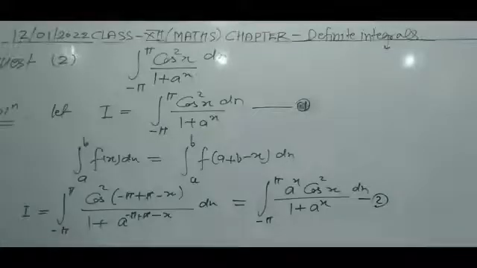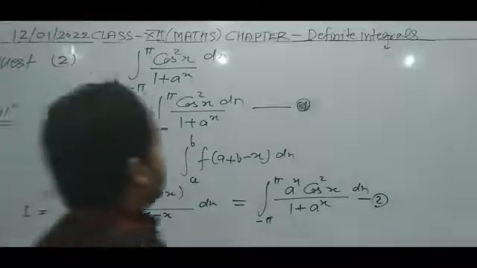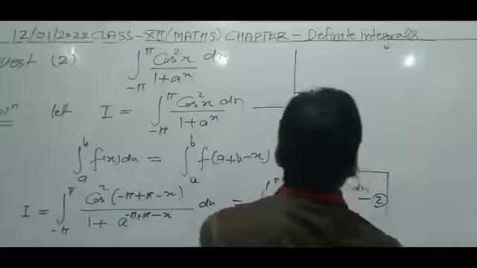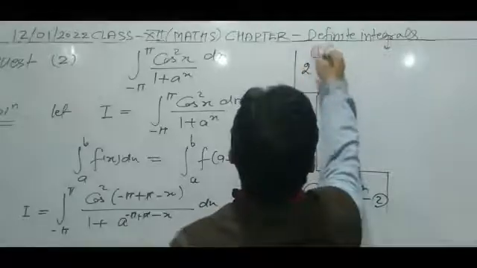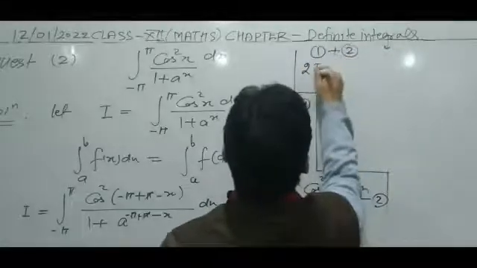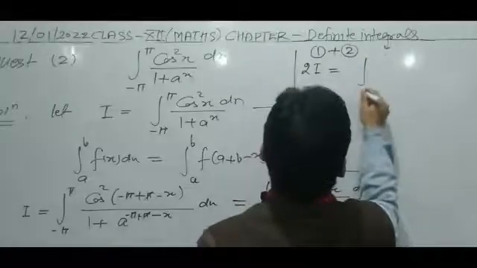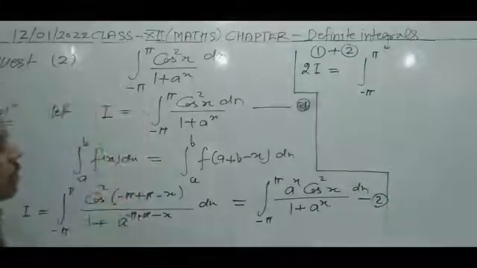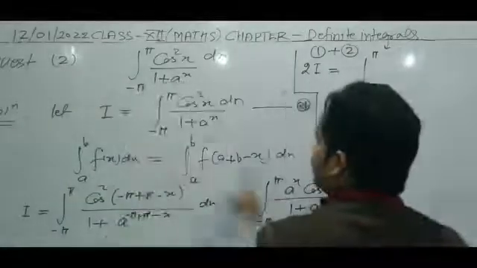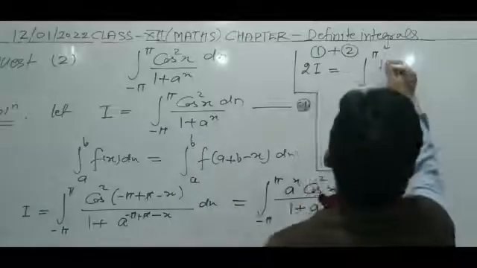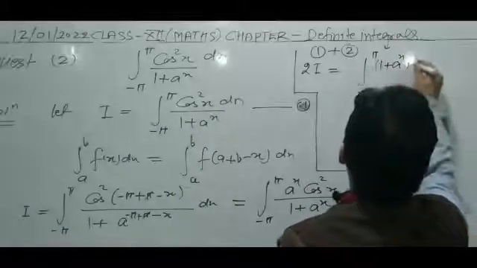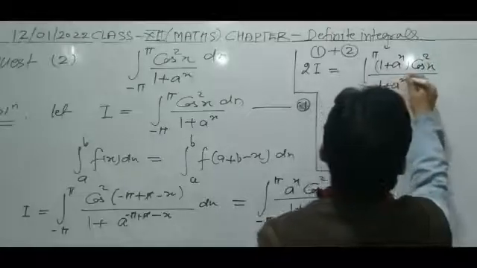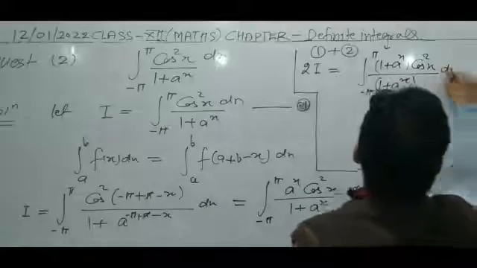So what will you get as the result? Equation 1 plus equation 2, so the result will be 2I is equal to the integration from minus pi to pi, and cos square x upon 1 plus a to the power x is common, so the result will be 1 plus a to the power x in brackets, cos square x whole upon 1 plus a to the power x, dx.